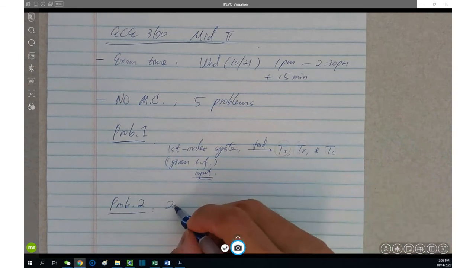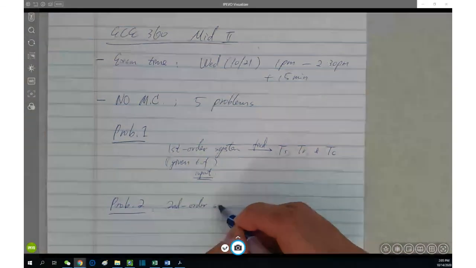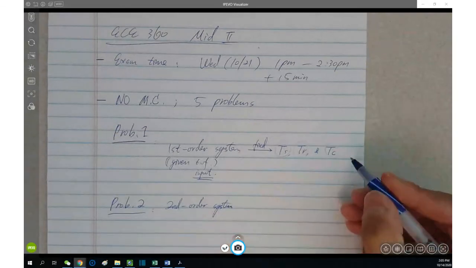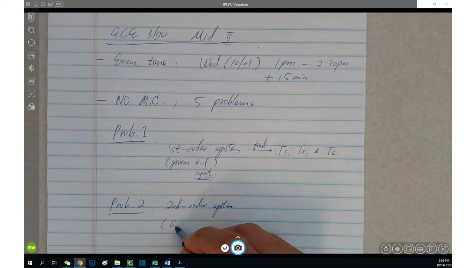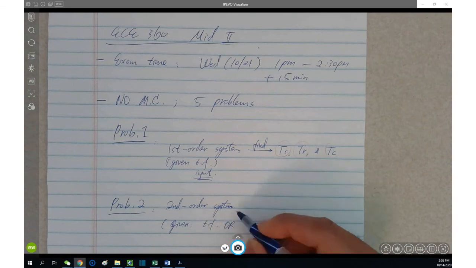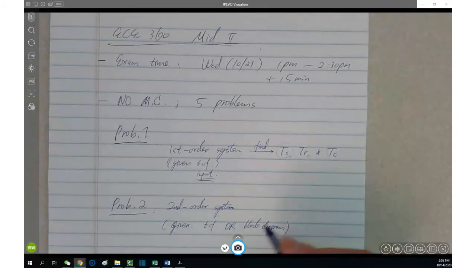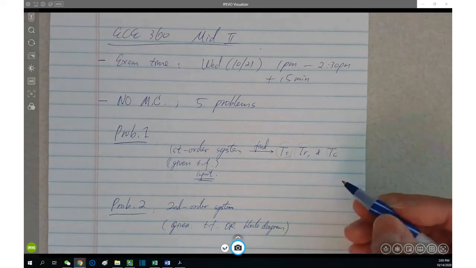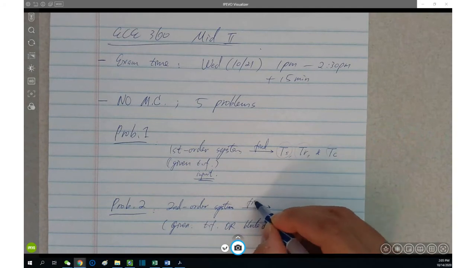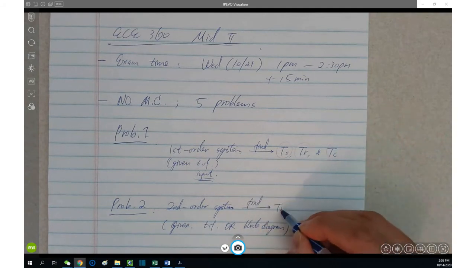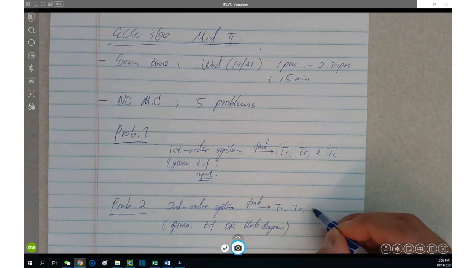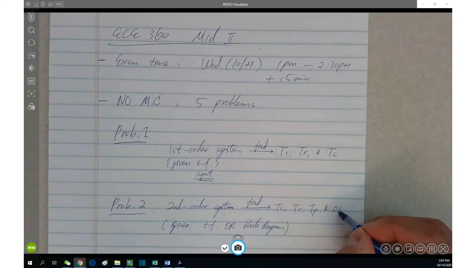Second order system, given either a transfer function or block diagram, and find what? TS, TR, TP, and overshoot.